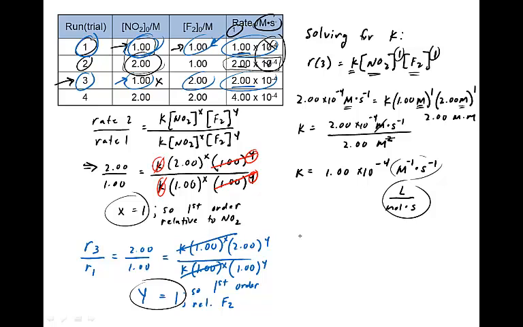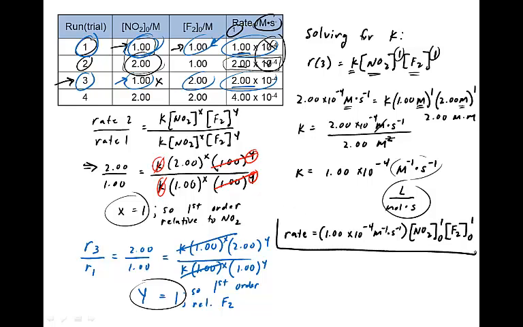So writing the whole thing, this is the rate law. So it would be k, which we know what k is now, so we'll write it like this, times NO2 to the first power, the initial amount, times the initial amount of F2, also to the first power. And then that is the rate law.